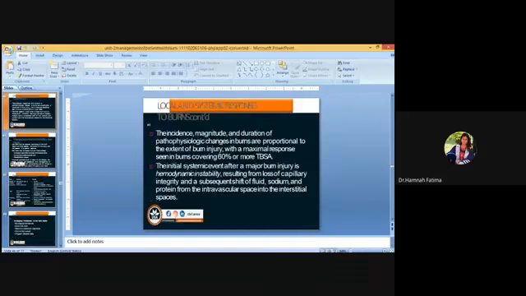The incidence, magnitude and duration of pathophysiological changes in burns are proportional to the extent of burn injury, with the maximal response seen in burns covering 60% or more total body surface area. The initial systemic event after a major burn injury is hemodynamic instability resulting from the loss of capillary integrity.